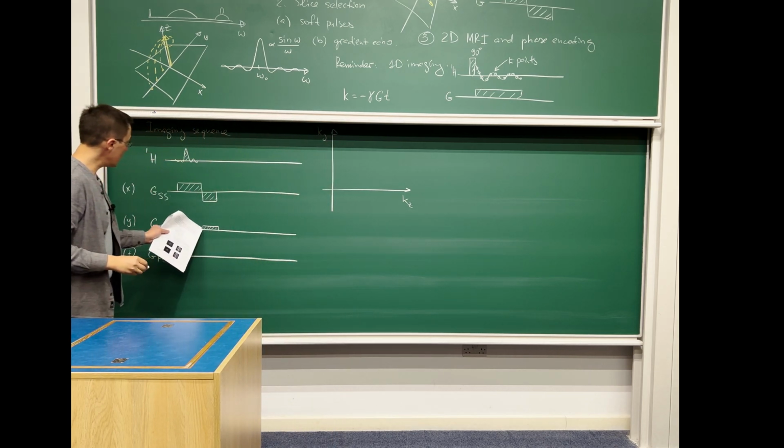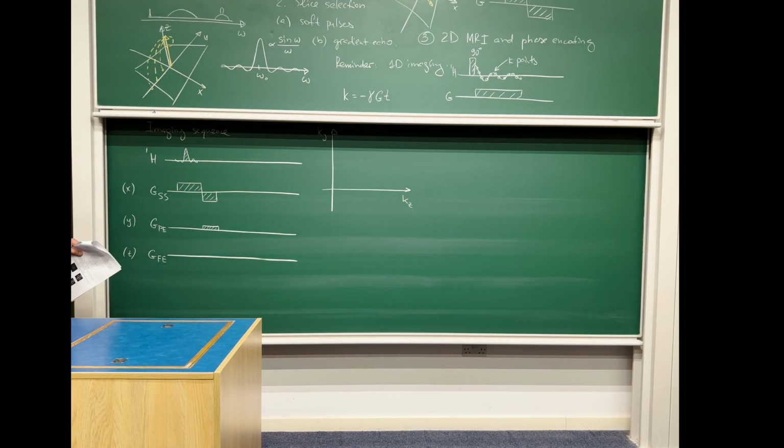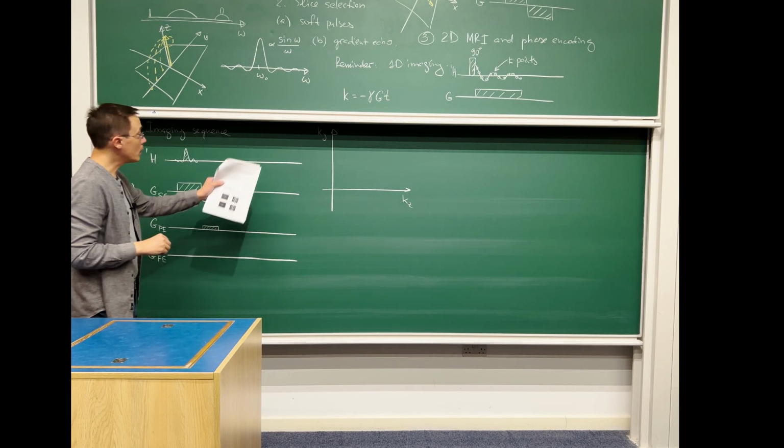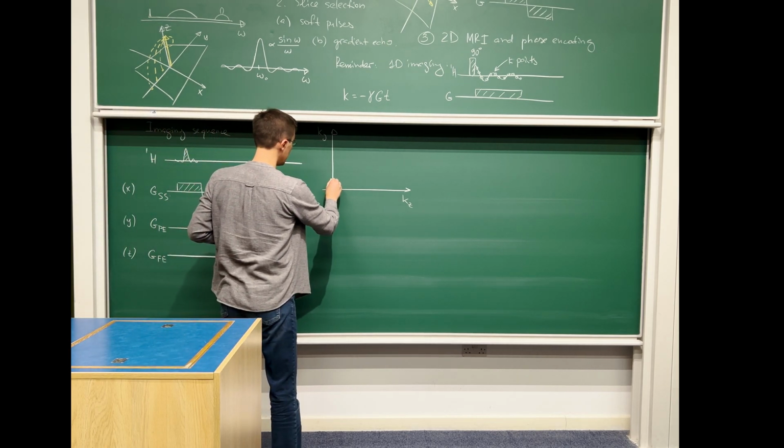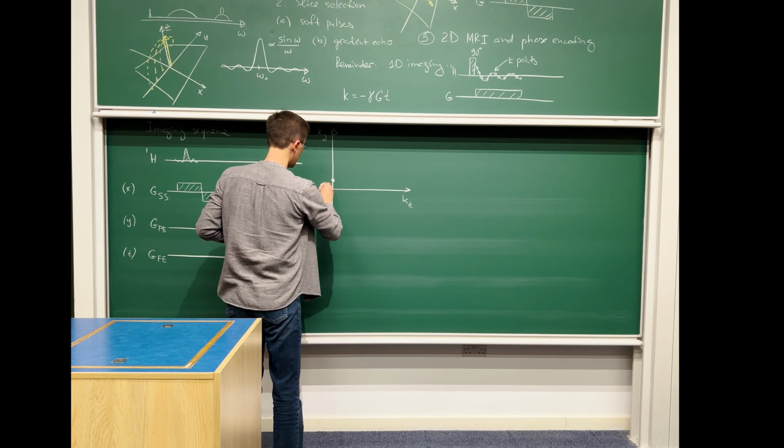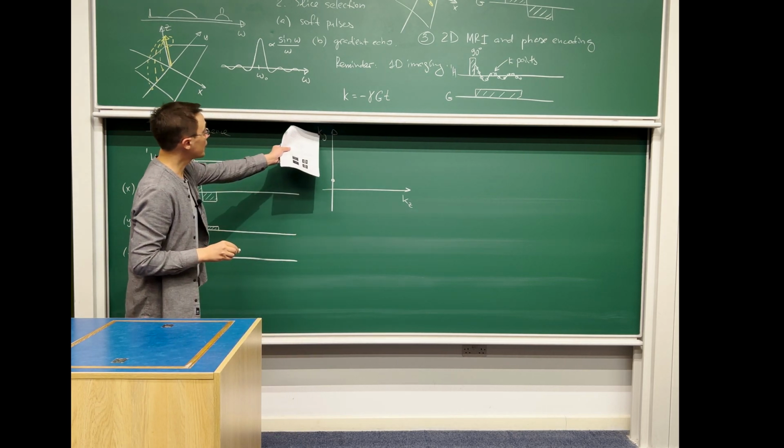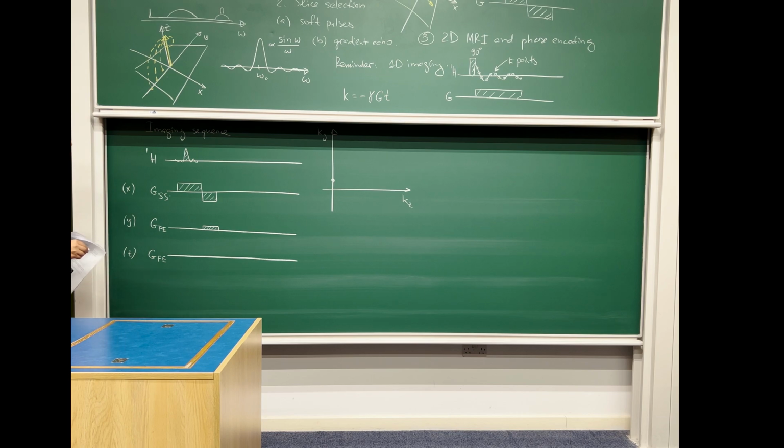What this little gradient blip is going to do is it will shift us up with respect to the KY. It'll accumulate a little bit of KY. Right, so it'll wind the sample up in the Y direction ever so slightly.